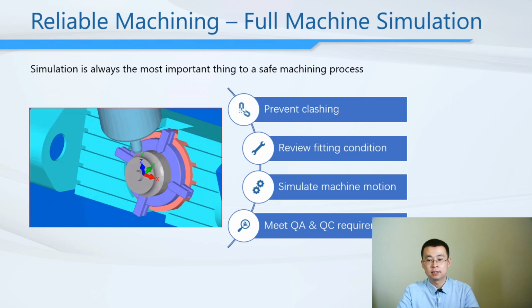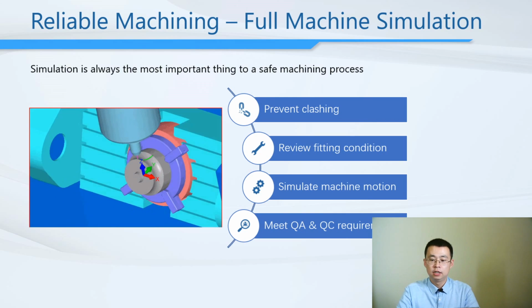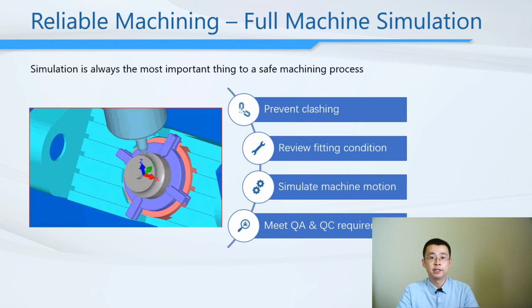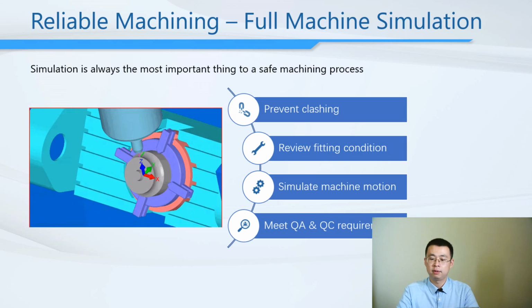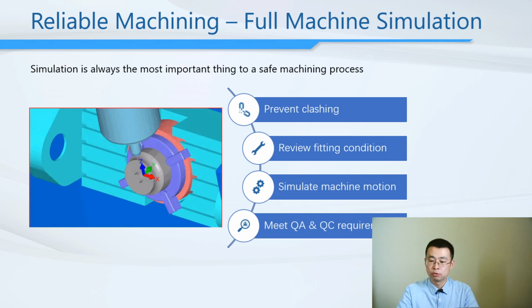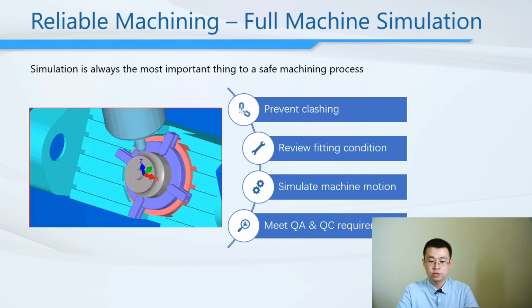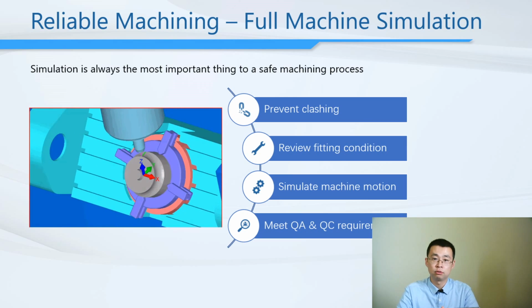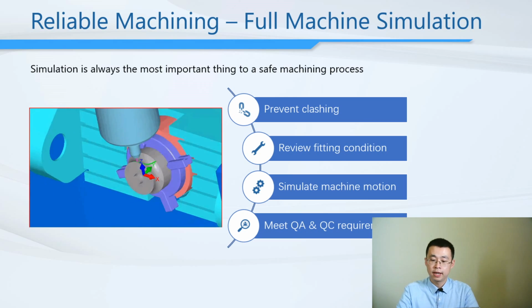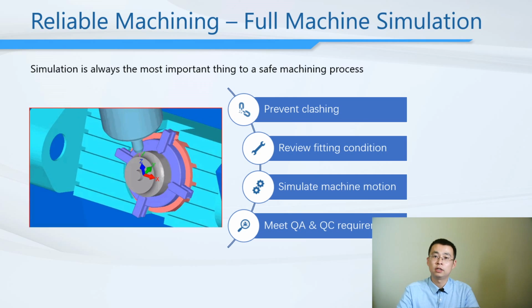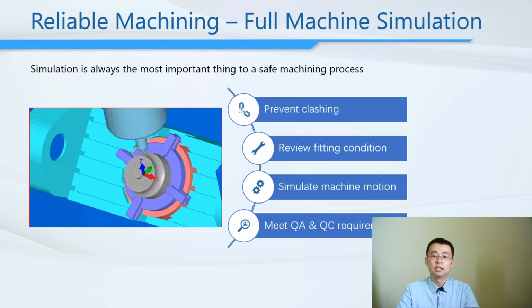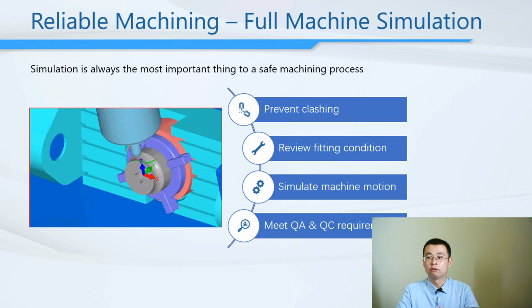It will help us to prevent clashing, to review the fitting conditions, and to simulate the machine's motion, all the components, the axes, the tables, the clamps, the spindle, all the things you need to know.